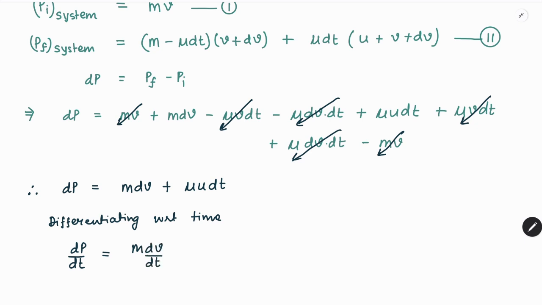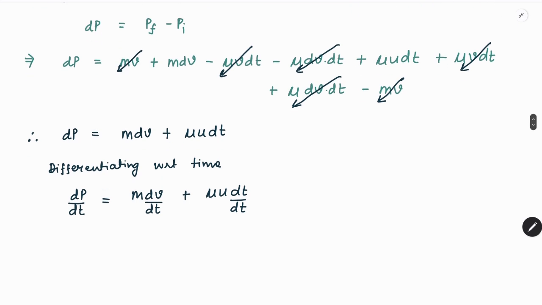This gives us the effect, or acceleration, ma, and then we also have mu u dt by dt. This is the thrust force which we have. So the equation takes the form dp by dt, which is external force F, equal to ma plus mu u, which is the thrust force.